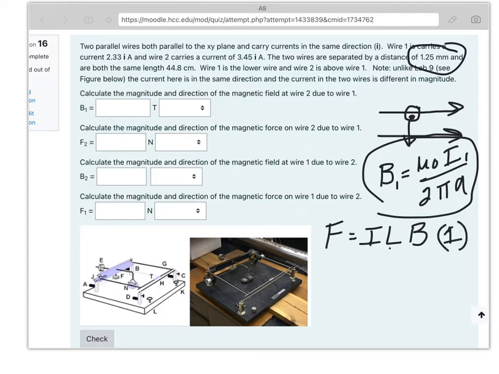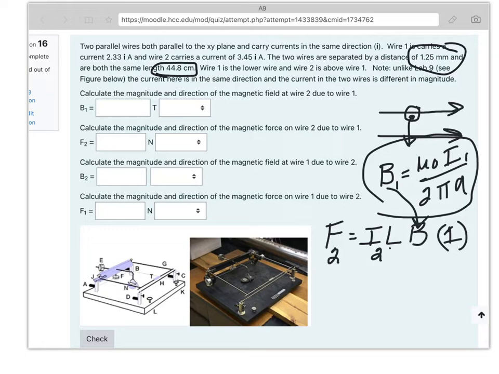And this is the force on wire 2, so you've got to use the current in wire 2, and the length of the wires is given. And so we have the field, and that will give us the force on that wire and the direction.